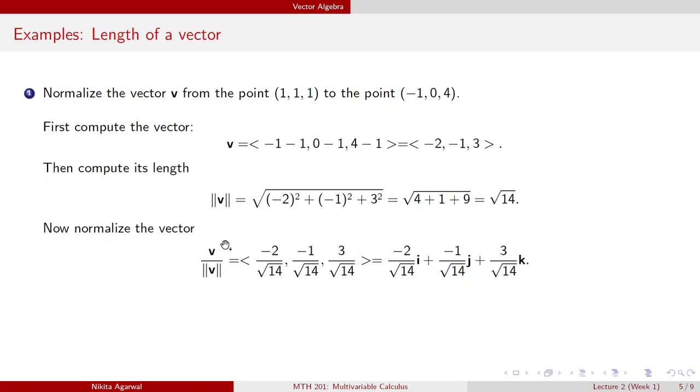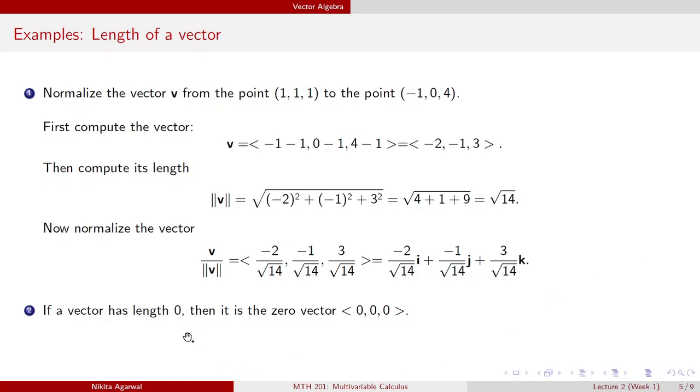You divide the vector by its norm, which means that you divide each component of the vector by its length or the norm, and this is what you get. So this is the representation in terms of triangular brackets, and this is what I have written in terms of i, j, k, which we also saw last time. So this is in terms of the standard basis vectors. Okay.